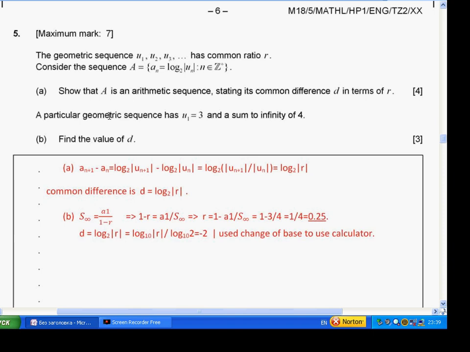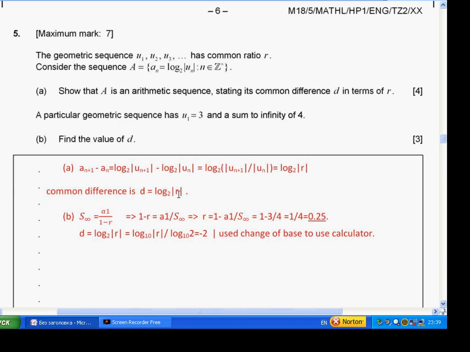A particular geometric sequence has first element 3 and sum to infinity of 4. Find the value of D. We have the formula for the sum to infinity with first element and ratio r. So we find r, it is 0.25.